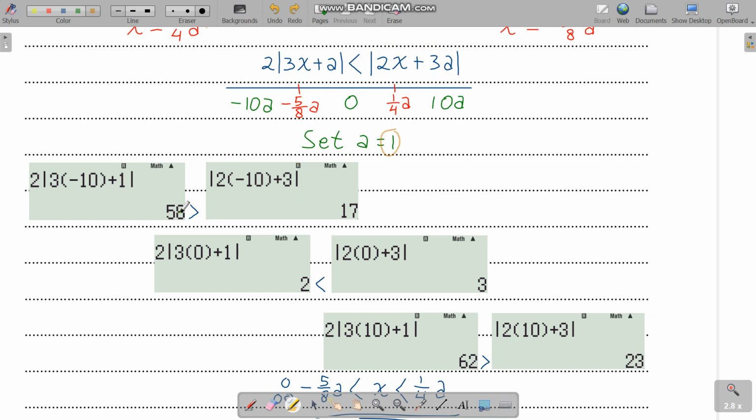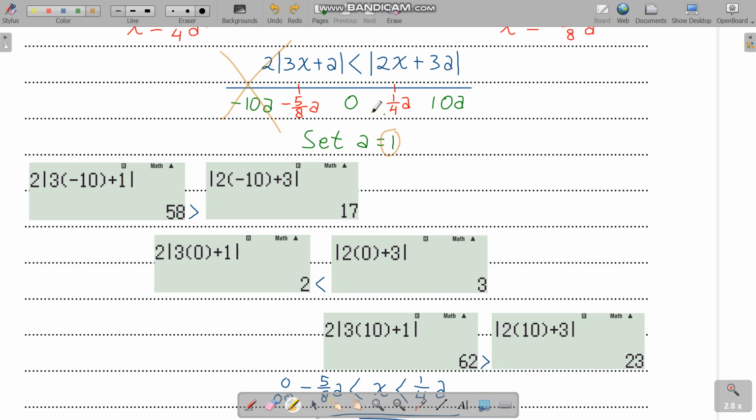If we plug in minus 10, we get 58 on the left, 17 on the right, which means the left hand side is not smaller than the right. If you look at the original inequality, the left side is supposed to be smaller than. So in this case, we cannot use the left interval, because obviously 58 is not smaller than 17.